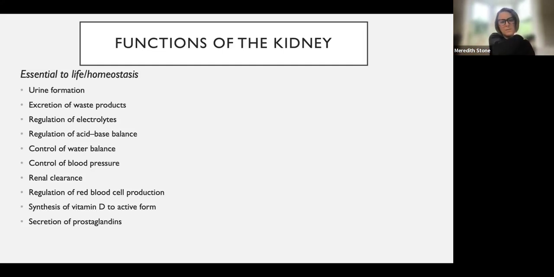The other thing is the synthesis of vitamin D. So the kidneys help to convert vitamin D to its active form, okay? And what that means then is if we don't have the active form of vitamin D, well, you guys remember you've done fluids and electrolytes, right? Vitamin D is needed in order to absorb calcium, okay? Also phosphorus, okay?